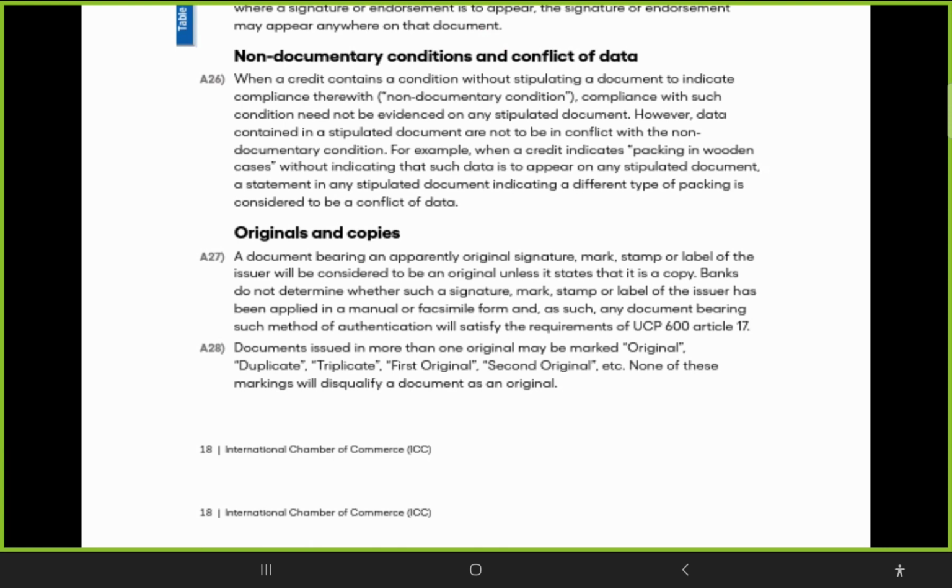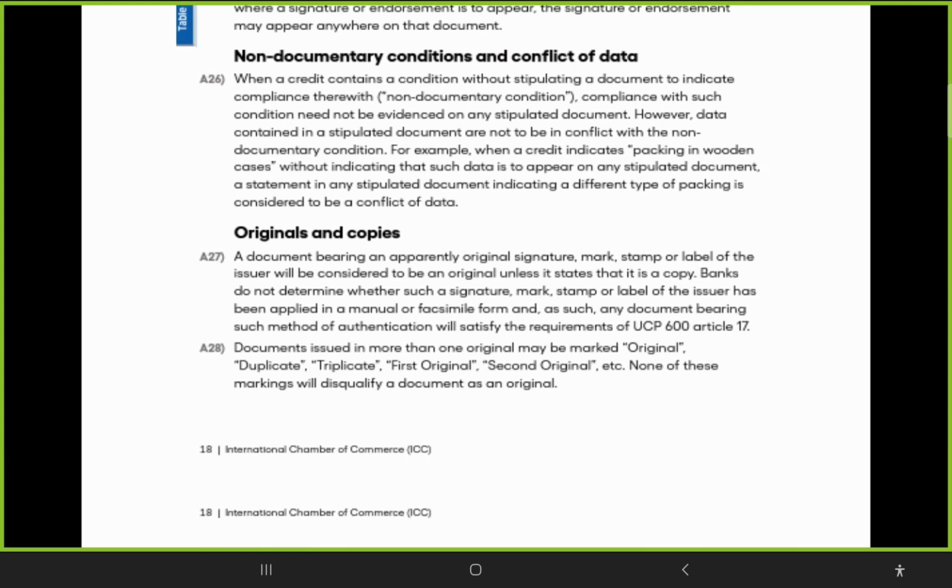As such, any document bearing such method of authentication will satisfy. So we already knew the forms in which they can sign it: manual, email form, perforated signatures, stamp, mark, label, anything is fine. Electronic method of authentication, anything is fine. So if you have a signature, or if you don't even have a signature for certain documents for which you don't need a signature, unless the document itself calls itself a copy, we will consider that as an original.